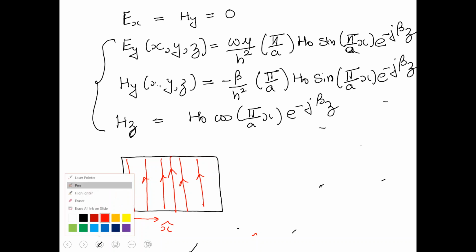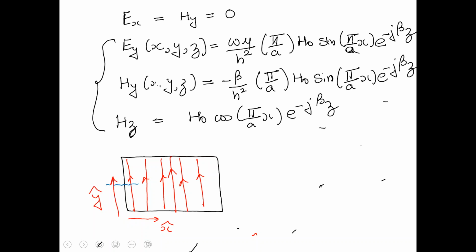If I took a cut over here and I plotted what the field would look like in the x direction, this is the amplitude of my Ey field. Again, this is confined from 0 to a.